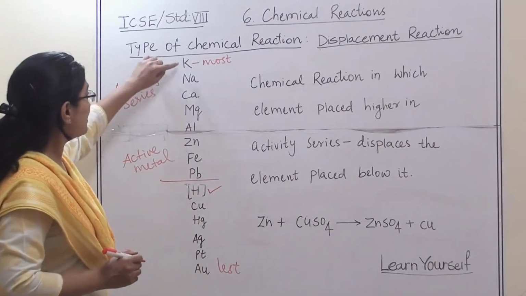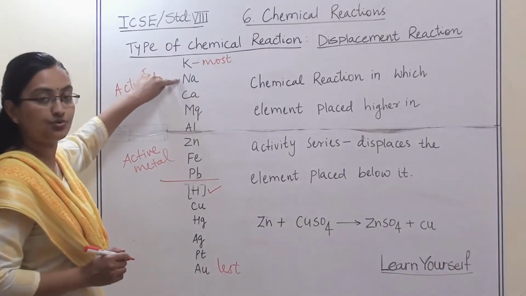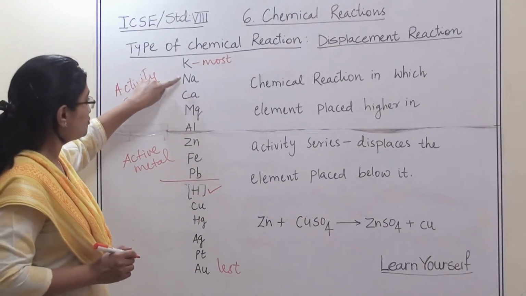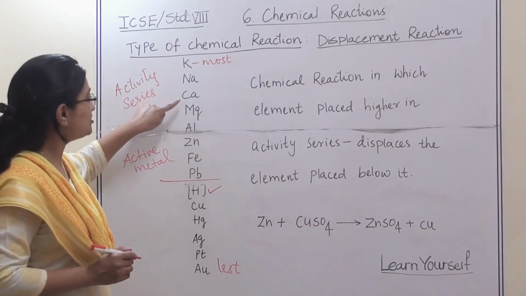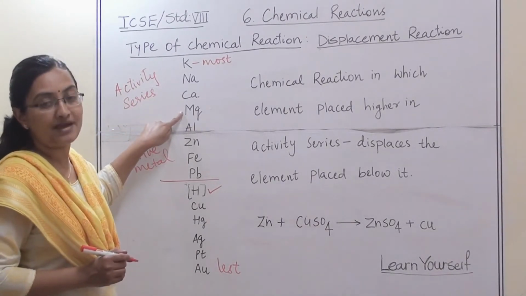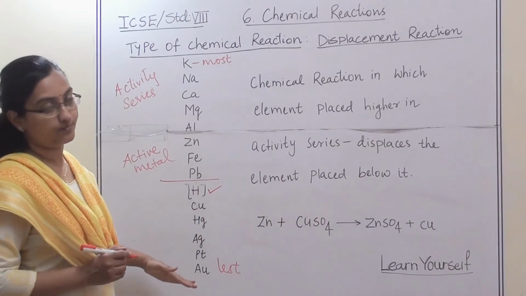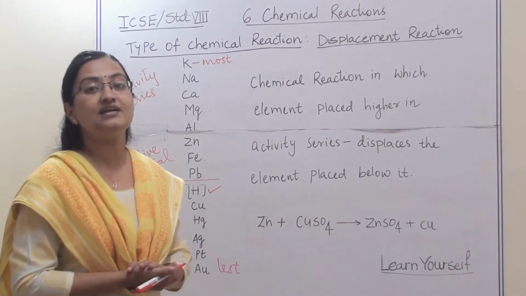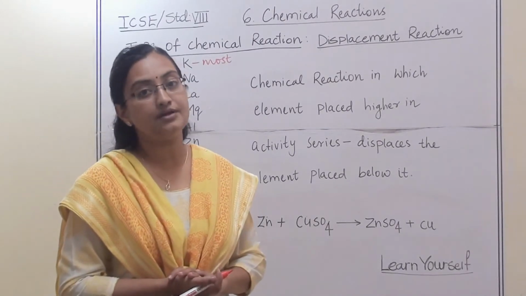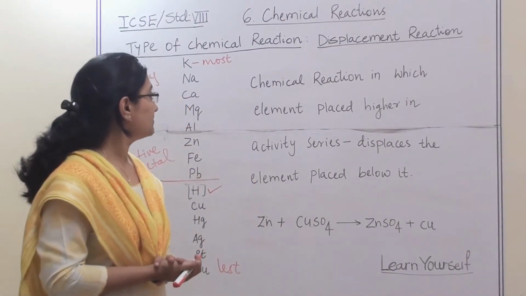That means potassium is more reactive compared to sodium, sodium is more reactive compared to calcium, and calcium is more reactive compared to magnesium, and so on. So this is our activity series, which tells us which metal is reactive compared to another metal.